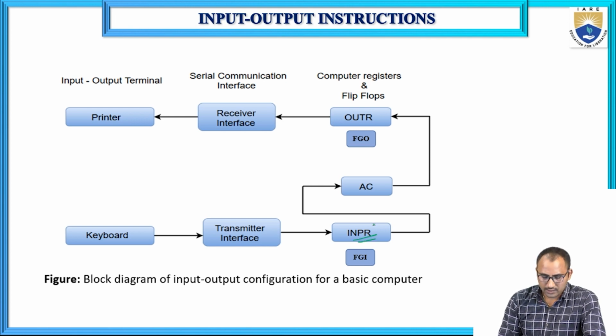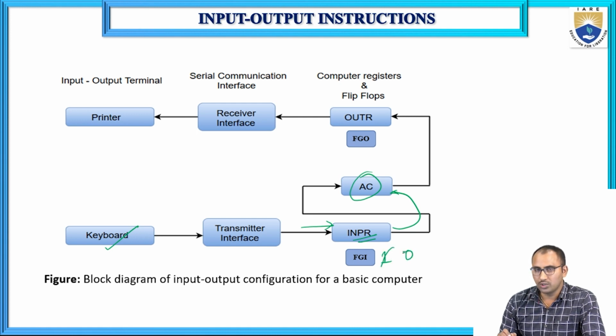Whenever the 8-bit alphanumeric code is generated, it will be loaded into this input register. Whenever the accumulator of the computer has accepted the data, the FGI will become 0, because whenever the input register is loaded with some information, FGI will become 1. After the input register data is accepted by the accumulator, the FGI value will become 0.